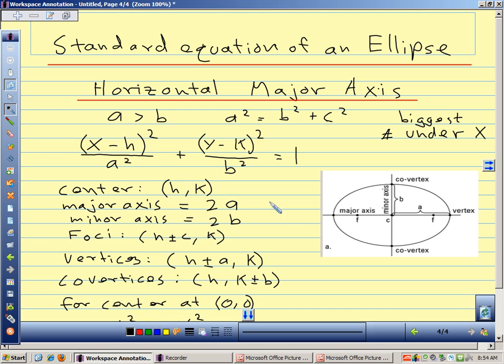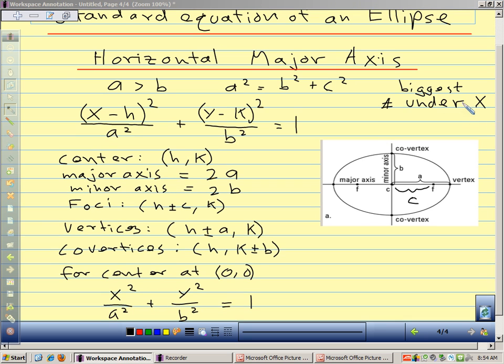And I'm going to draw in c, which goes from the center to the focus. So just like our picture before, but we have a horizontal major axis. So this is what our ellipse is going to look like. And our biggest number for a horizontal major axis goes under the x part. That's always how I remember it. Where's the biggest number? It's under the x. So I have a horizontal major axis.